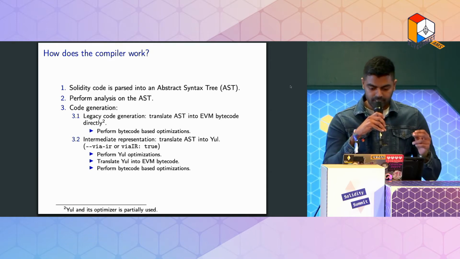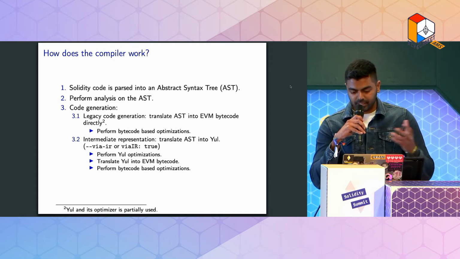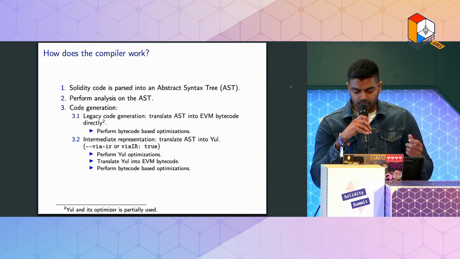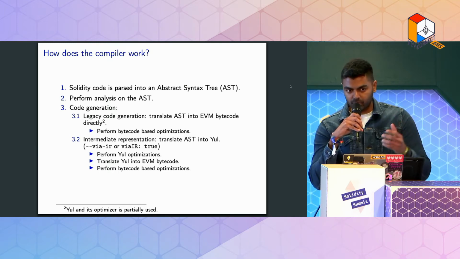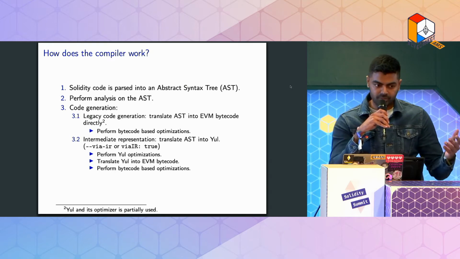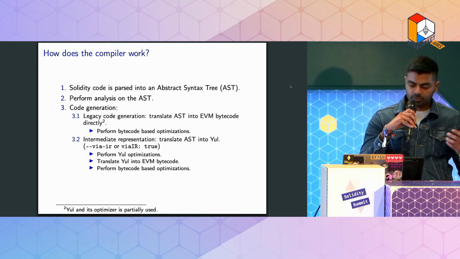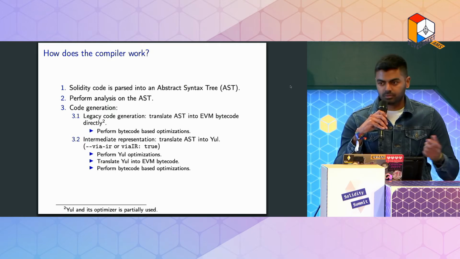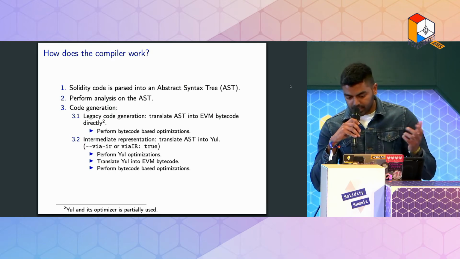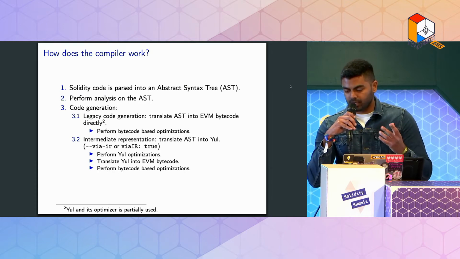And the second one is called the intermediate representation, where we translate the AST directly into Yul. You can enable the flags --via-ir or viaIR: true, depending on how you compile. On CLI, you use --via-ir. On standard JSON, which most of the tools use, they use viaIR: true. What this does is translate the AST into a somewhat higher level language called Yul.